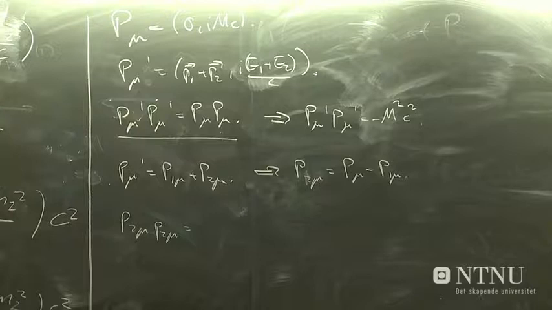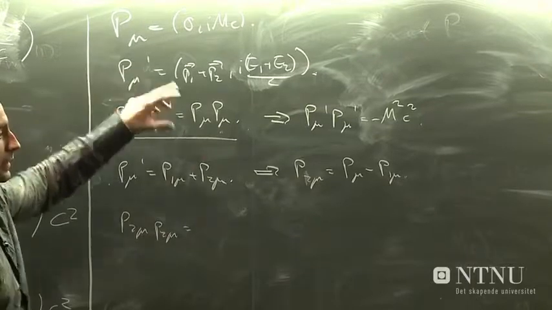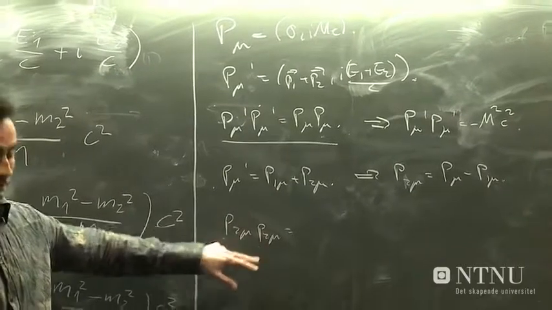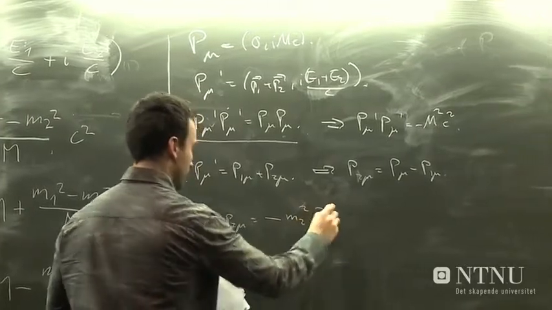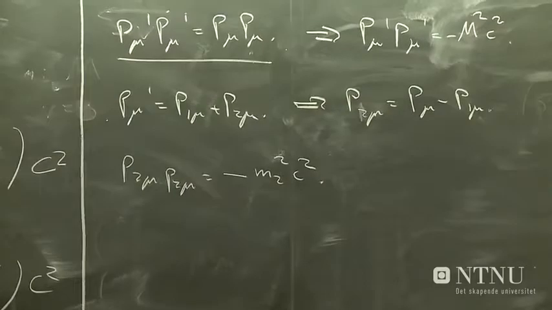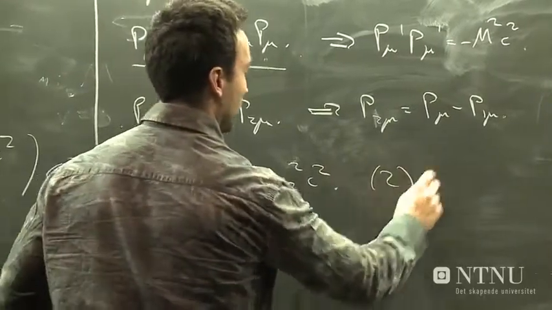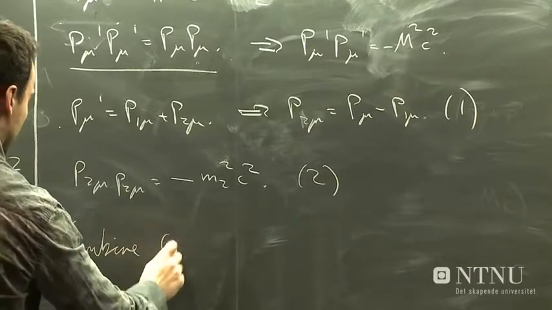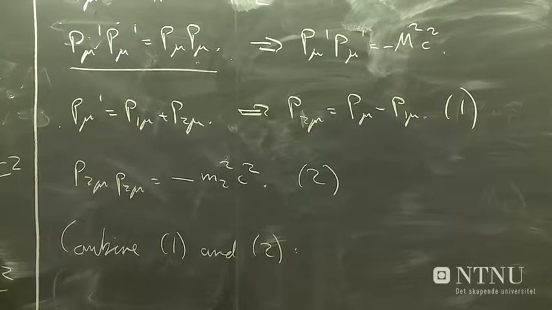Now, the invariance of the four momentum vector not only applies to the total four momentum vector, but it also applies individually to each of the particles. So P2 mu should be equal to this. And if I now combine 1 and 2, I get the following.